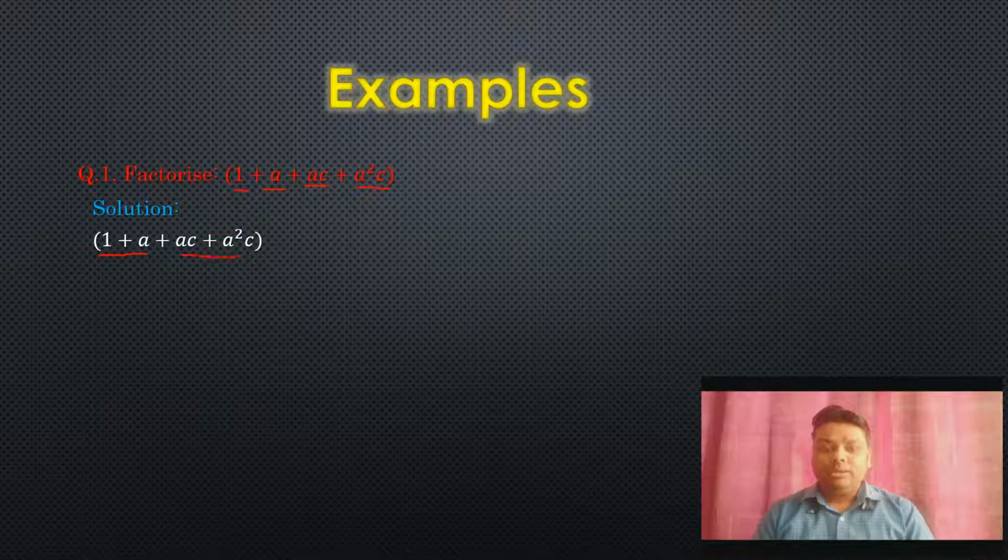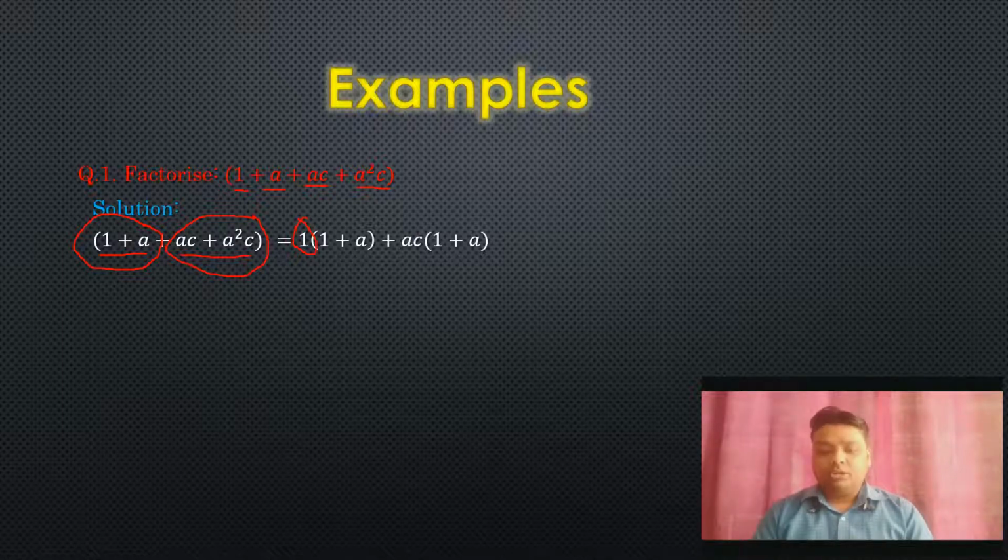Now we will find the common factor from 1 and A, and the common factor from AC and A square C. In 1 and A there is nothing common, so we will take out only 1, and the rest, 1 plus A, we write directly in the bracket.